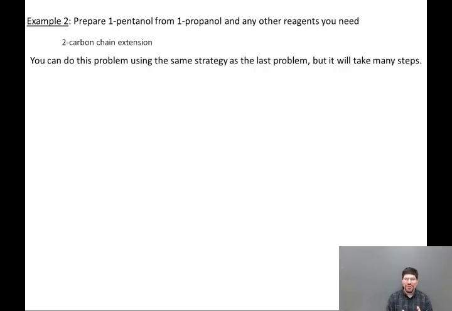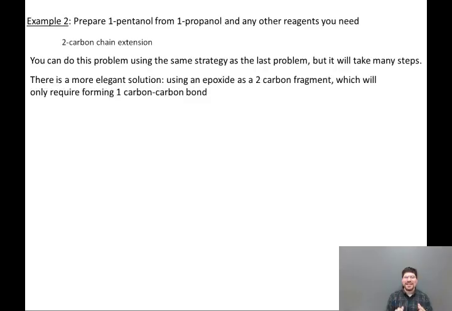But as you can tell from what I just said, that will take many steps. And there is a more elegant solution. Organic chemists like to come up with the most elegant route possible, first of all because it looks nicer when you actually write it out. But second of all, and most importantly, if you want to synthesize a target molecule, you want to do it in as few reactions as possible.